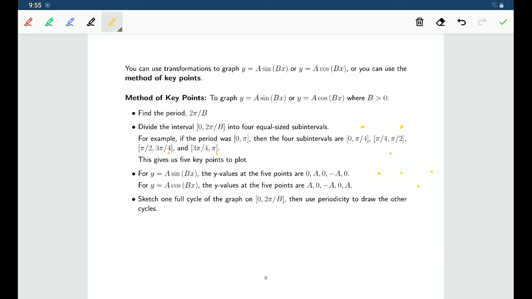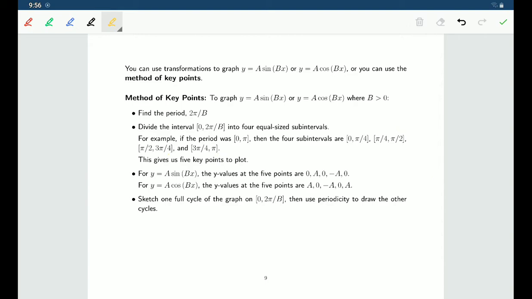So if you did a vertical stretch by a factor of a, then instead of going from 0 to 1, you'd be going from 0 to a. And of course, if a were negative, then instead of going from 0 to an a that's above the x-axis, you'd be going from 0 to a that's below the x-axis. Then back to 0, negative a would be positive, and back to 0.